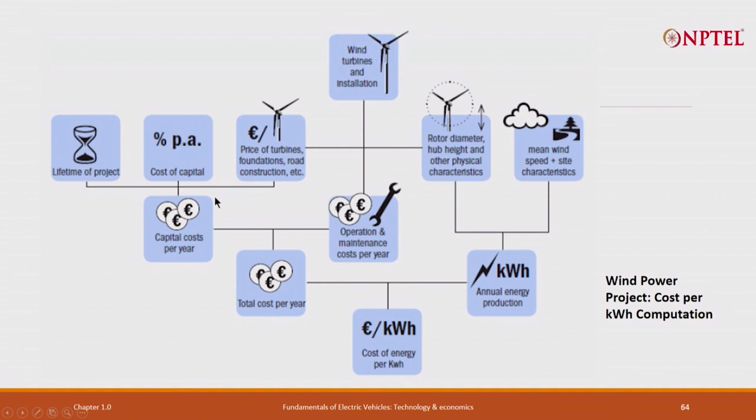So, this is the capital cost that comes in. Of course, to do this you have to take into account rotor diameter, hub height, mean wind speed to compute the kilowatt. So, this is how you start, find out the costs, then this is the operation and maintenance cost per year. This together will give you a total cost, and this will give you how much energy you can produce, and then you can calculate cost per kilowatt hour.